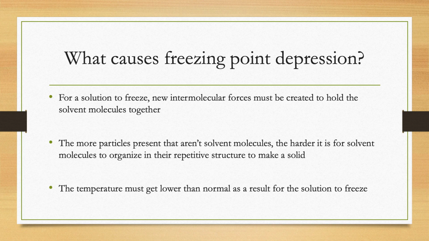As a result, the freezing point goes down, because the temperature has to get lower than normal so that the particles are moving even slower to be able to interact with each other and form the solid. And that's going to be true for any solution when you dissolve things in it. The more stuff dissolved in that solution, the lower the freezing point is going to go.